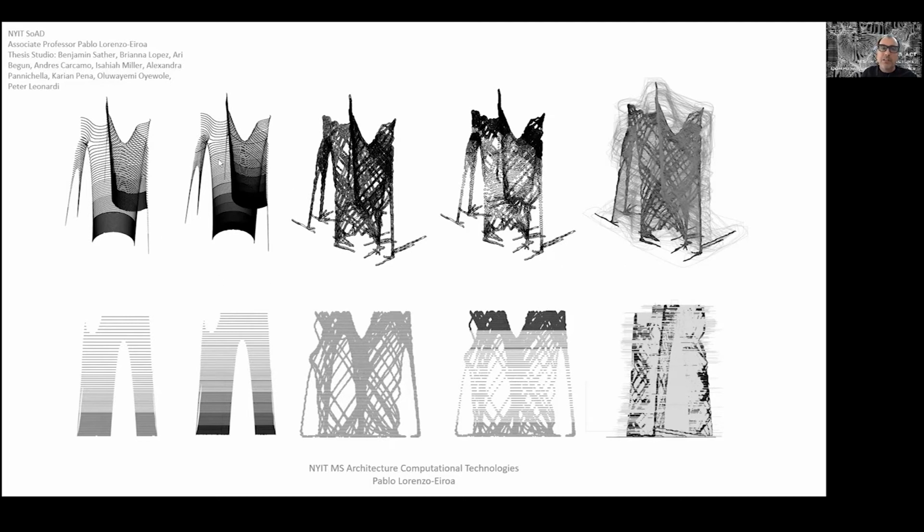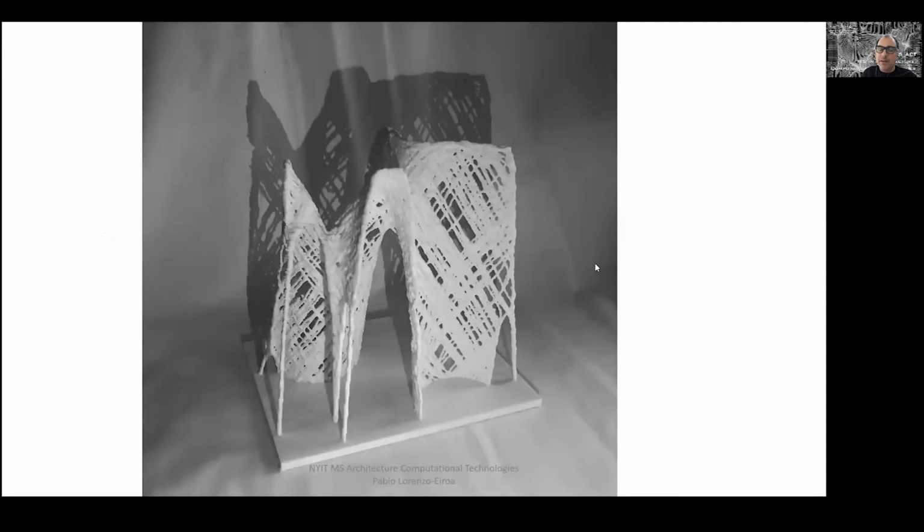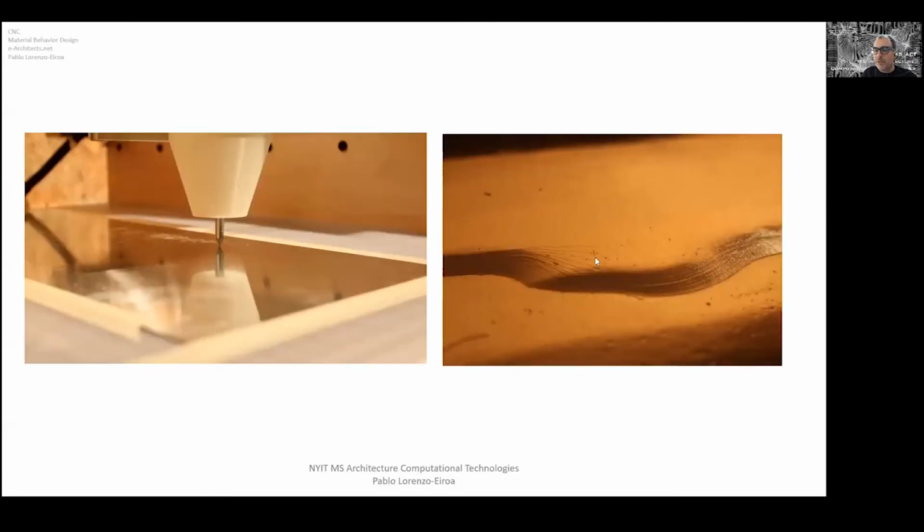So the form is not only informed by the design of the original geometry, but the original geometry is transformed by the fabrication and materialization process, including the possibilities and the different axes of the robotic systems that we're going to be working with. So here are examples of that type of optimization.